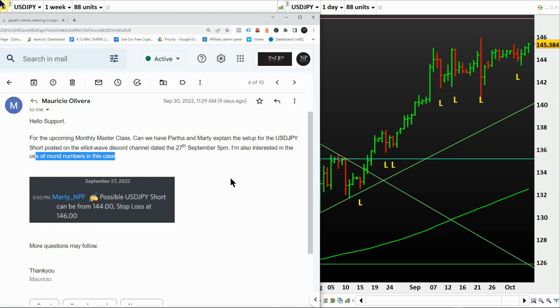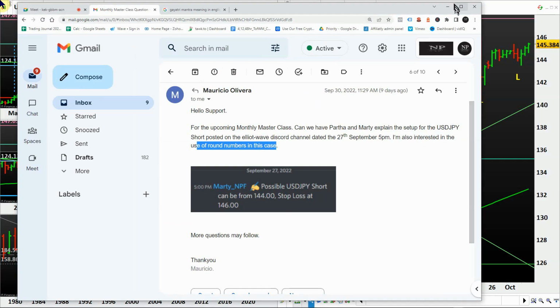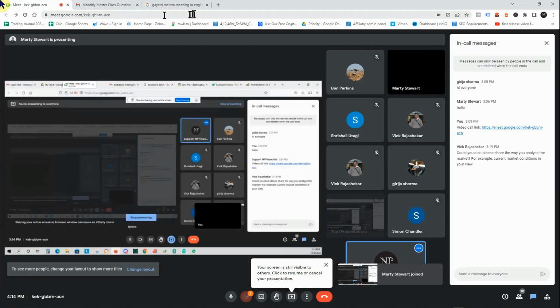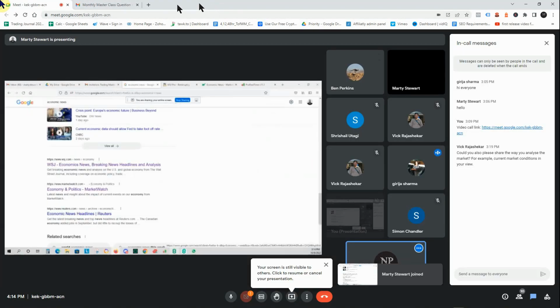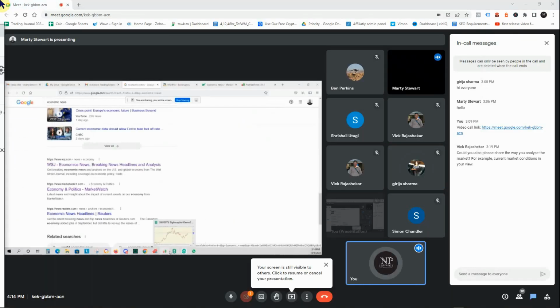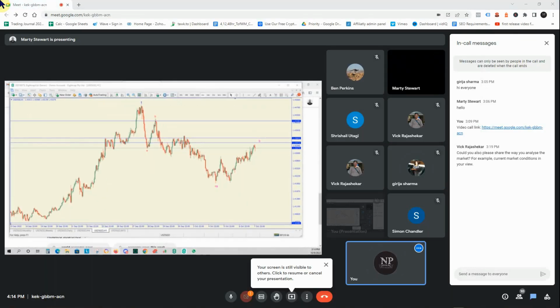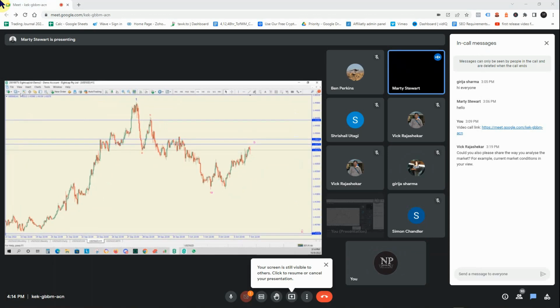Okay, so I'll share my screen. Selecting screen. Okay. Everyone can see Marty's screen. Yeah, we can see your screen. Okay. Let's see.